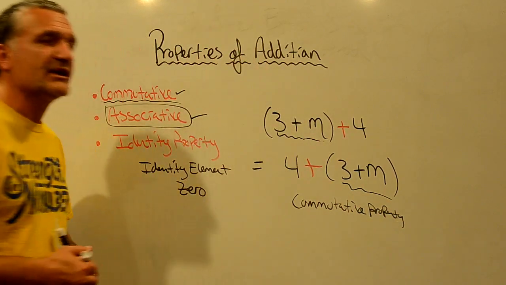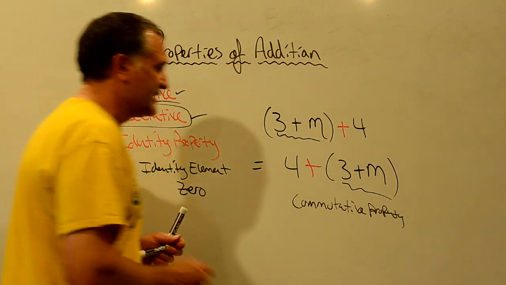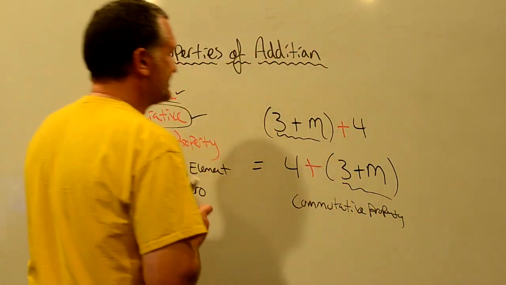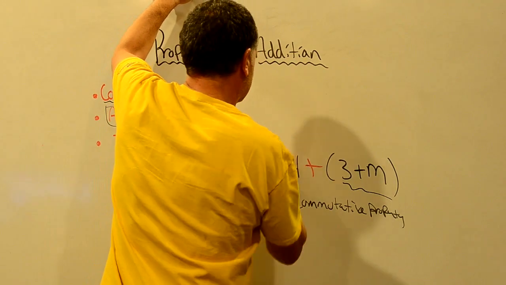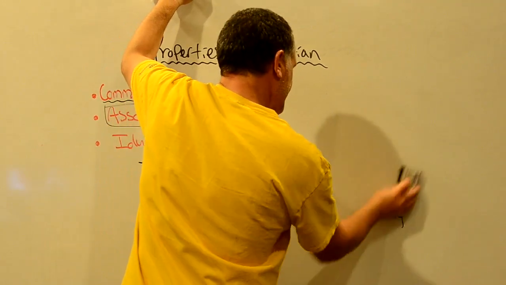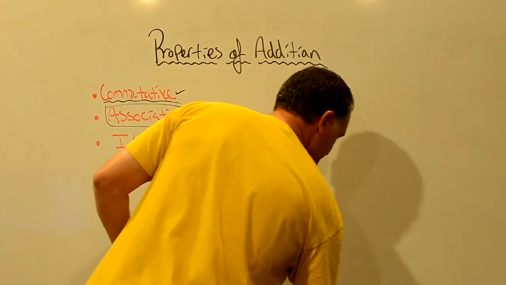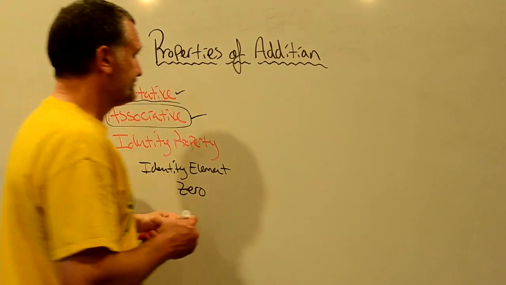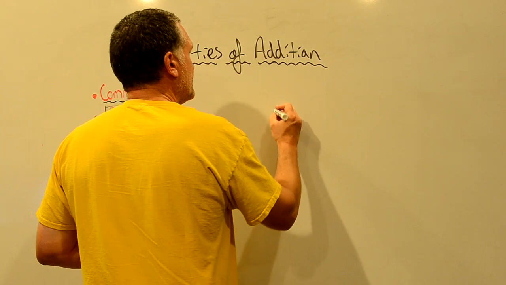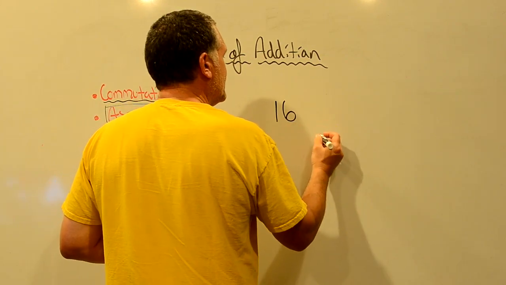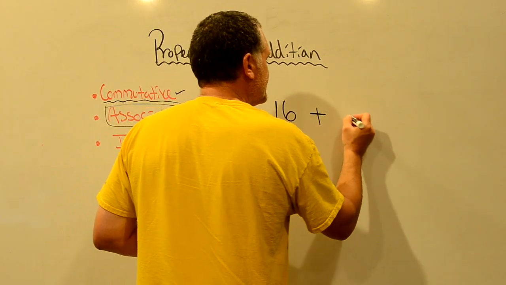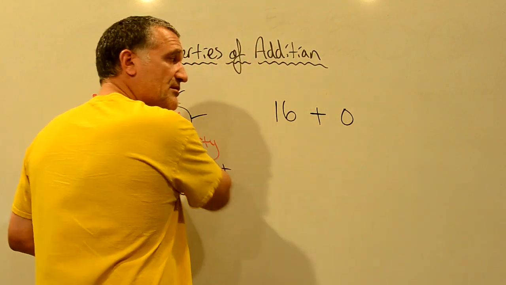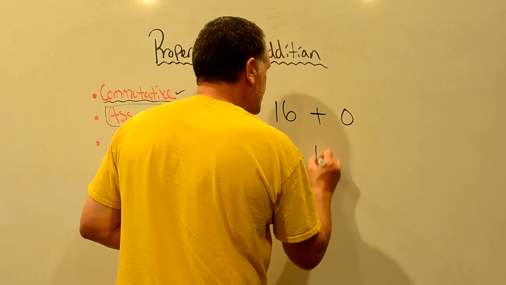Okay. I have 2 more, and then you guys can jump into your IXL. You should be pretty comfortable with this. These concepts are pretty simple. So, let's try this one. I'm going to give you 16 plus 0 equals 16.